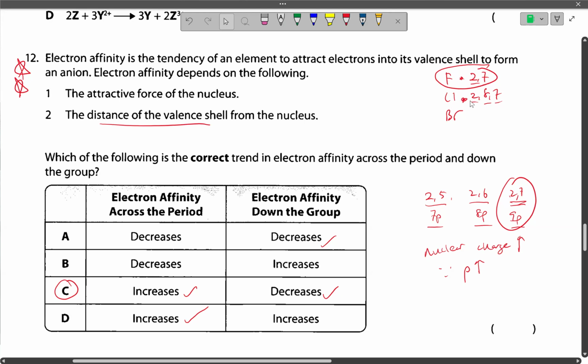Even though chlorine has more nuclear charge, the electron shell is much further. The distance between the nucleus and the first, second and third shells is not equal; as you go out, it gets further and further. So the attraction force decreases quite a lot. Okay, so the answer is C.